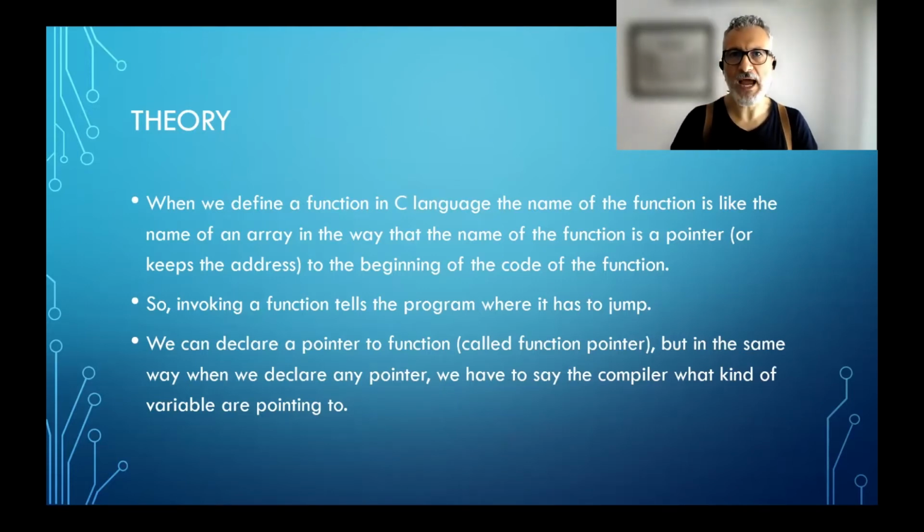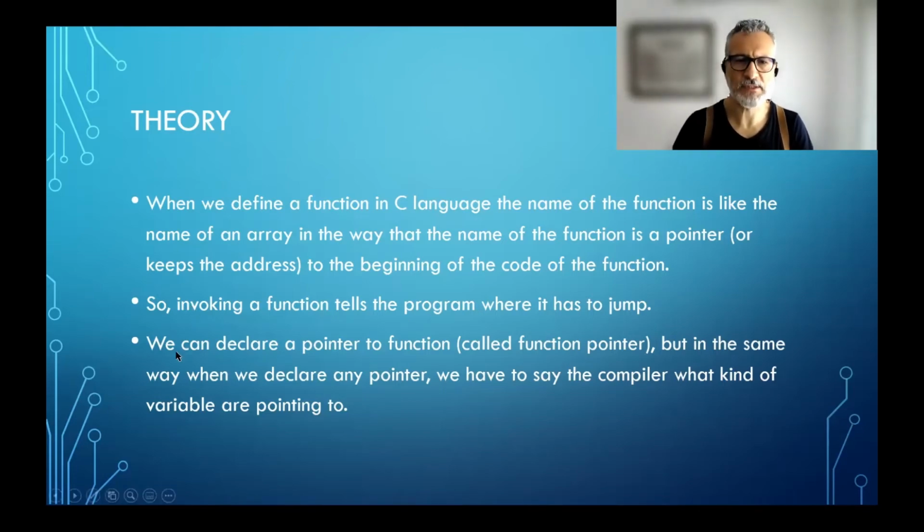It keeps the address to the beginning of that function. So invoking a function tells the program where it has to jump. Okay, because the function itself, the name itself, is a pointer.